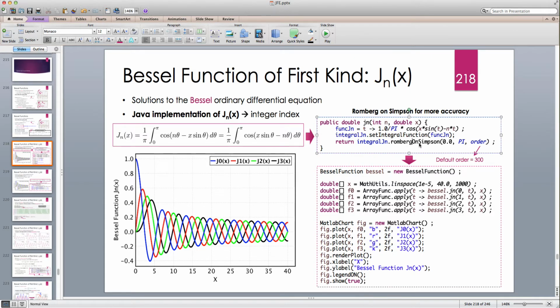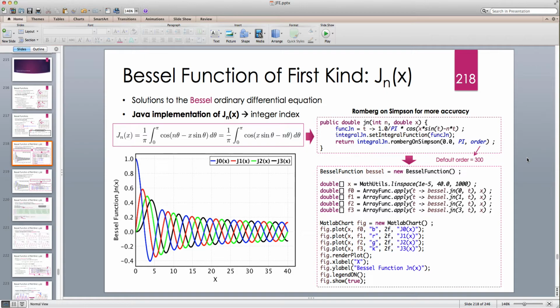All right. Now here I'm using Romberg and Simpson, and this will give us very good accuracy based on the order here. Order is basically the number of sub-intervals that the integrator calculates. Basically the integral object divides the interval 0 to pi to n sub-intervals, and n is basically the order, how many sub-intervals to use.